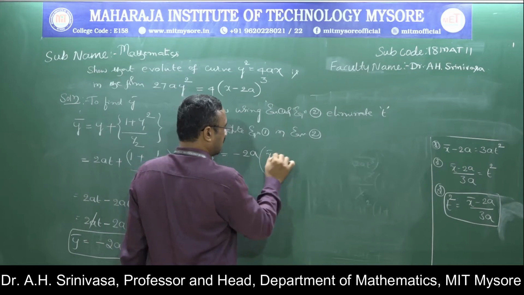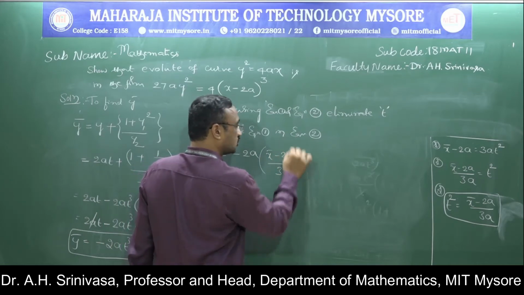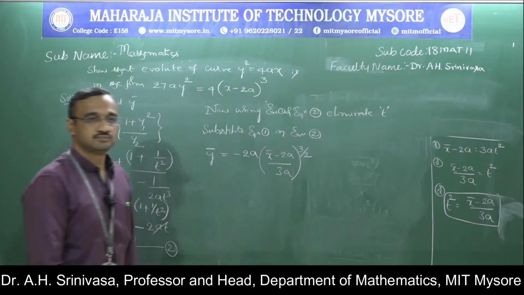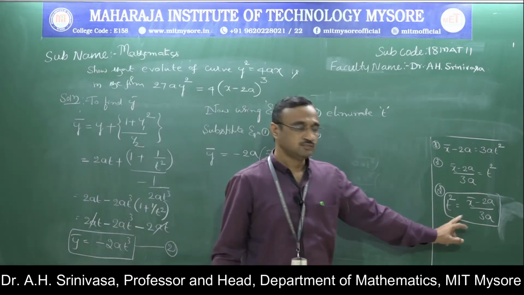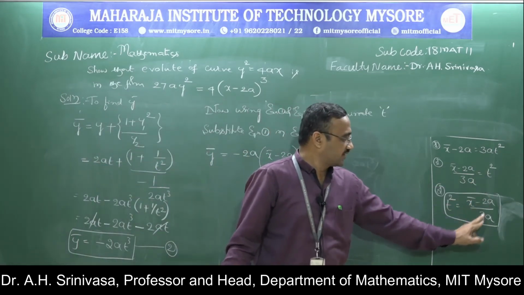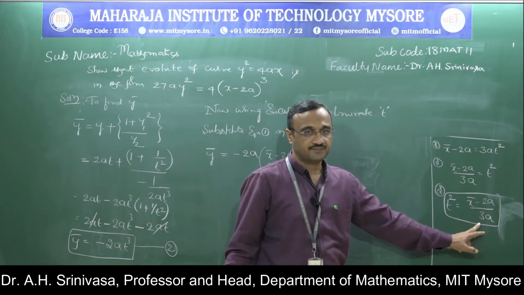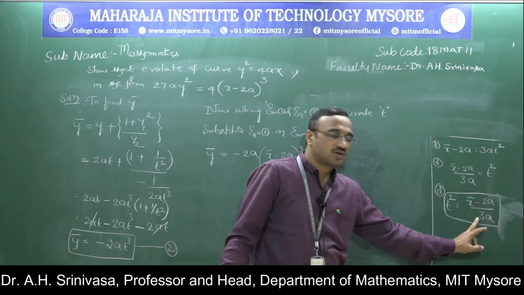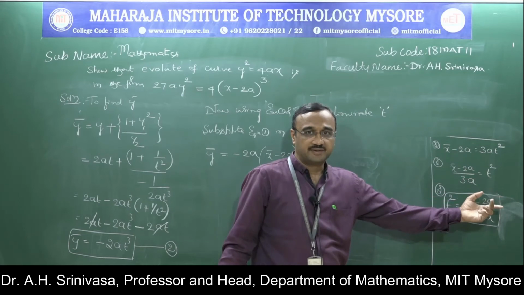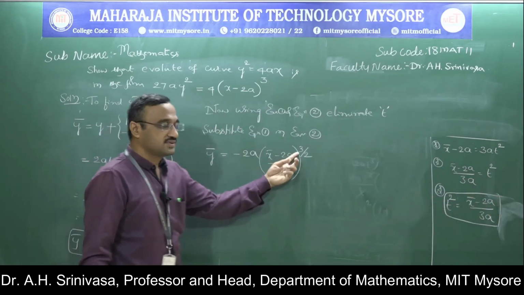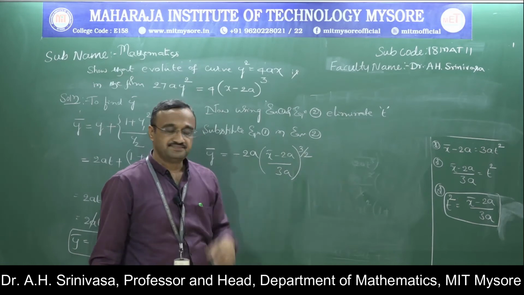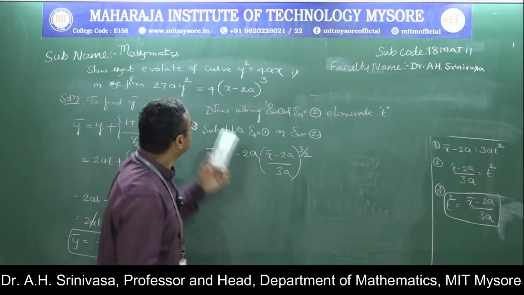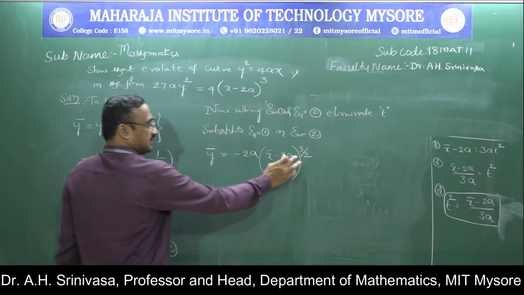This becomes x bar minus 2a by 3a whole to the power of 3 by 2. So t square is x bar minus 2a by 3a. So t is x bar minus 2a divided by 3a whole to the power of 1 by 2. It comes here and becomes 3 by 2. Then, I don't want this 2, so squaring both sides.